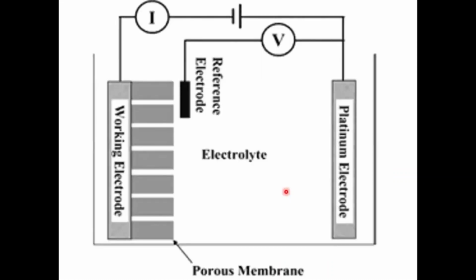Okay. In a restrictive template assisted process, this is a two-dimensional view of a three-electrode system. This is a working electrode, a platinum electrode, and the reference, which will be closer to the platinum electrode. This is a template. Either you make use of a metallic template or polymeric template or a porous membrane.